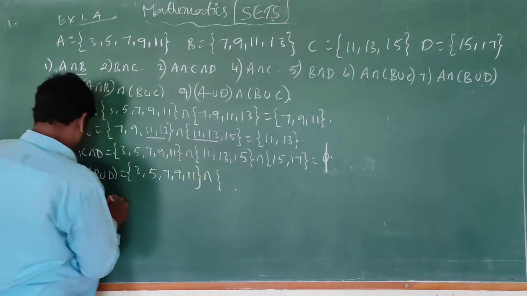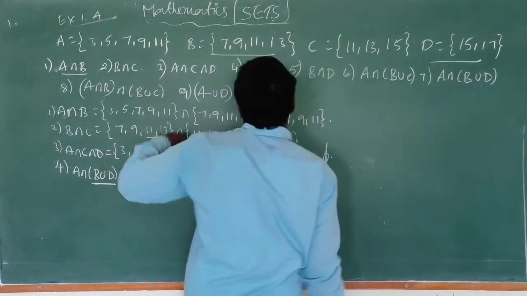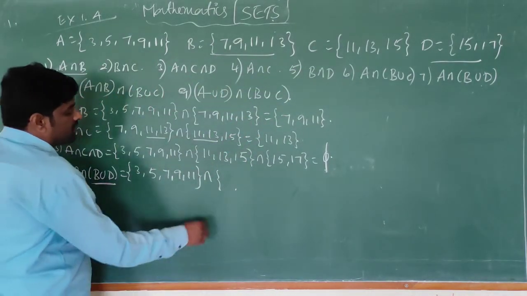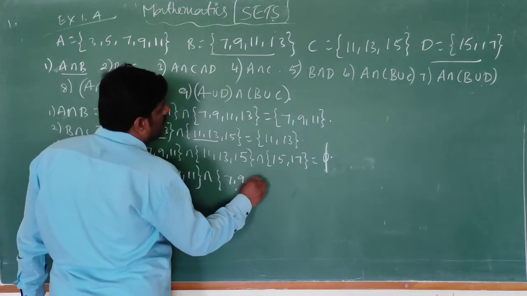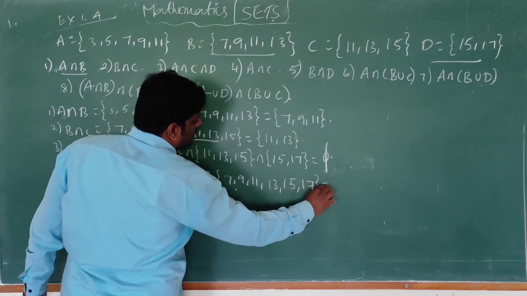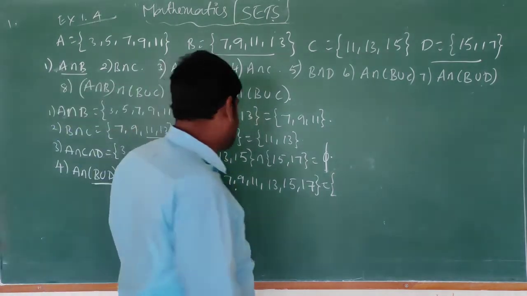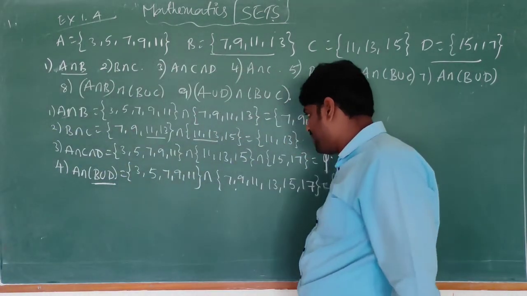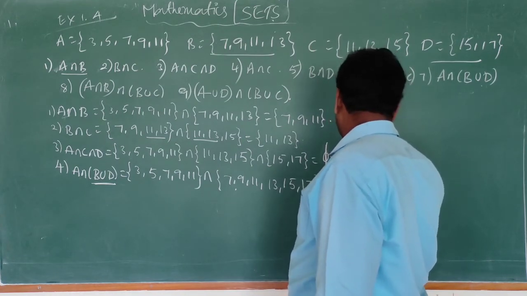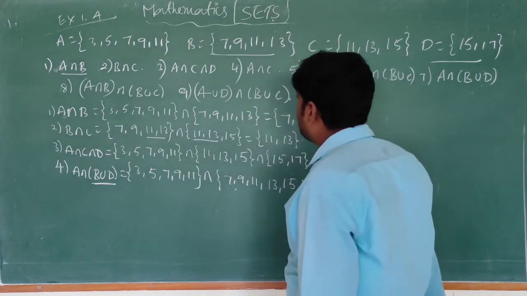Intersection B union D. B union D means you should write together the B elements and D elements: 7, 9, 11, 13, 15, 17. The common elements of these two sets are 7, 9, 11.